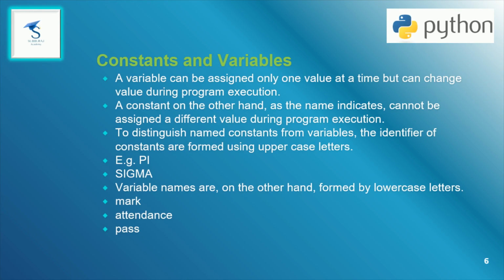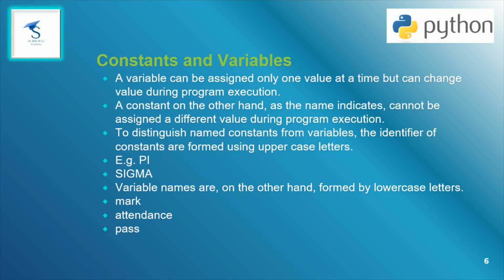A constant, on the other hand, as the name indicates, cannot be assigned a different value during program execution. For instance, PI, if declared as a constant equals 3.14, should not be reassigned any value in the program.